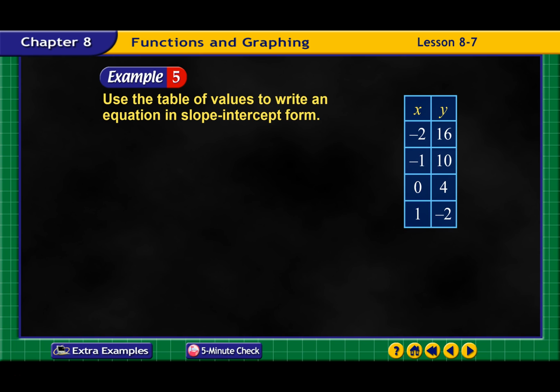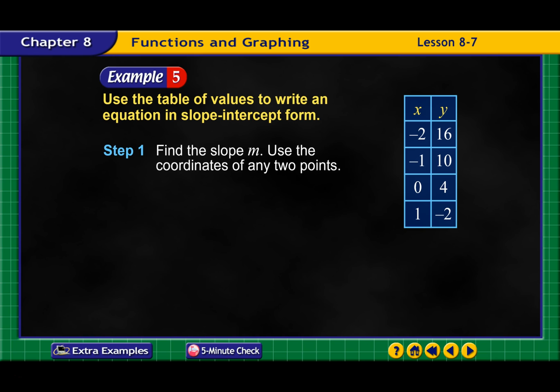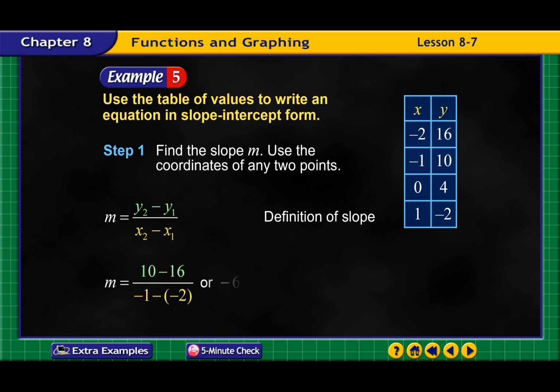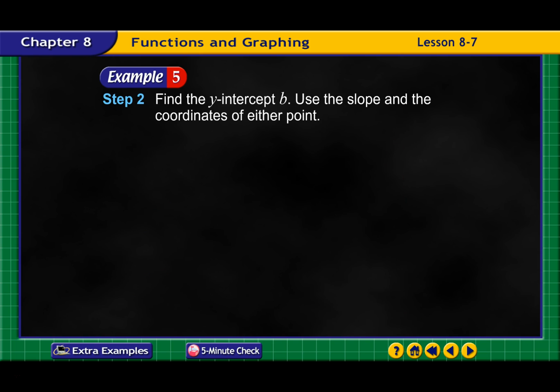Oh man, I need to keep moving here. So use the table values to write an equation in slope-intercept form. So we're going to use the slope m by coordinates of any of these 2 points. So we're going to use our slope formula. We're going to designate x1 and x2, and it looks like they just picked the first 2, which works just fine. And once I punch those in, that gives me -6.